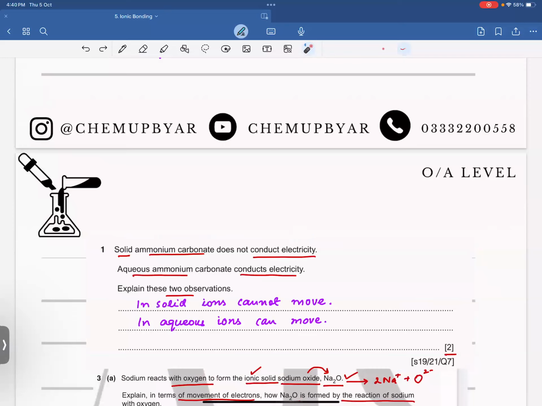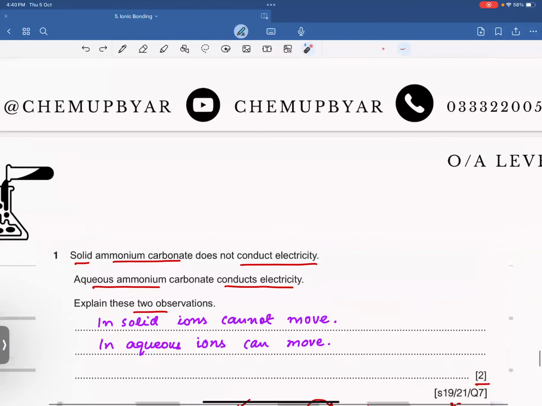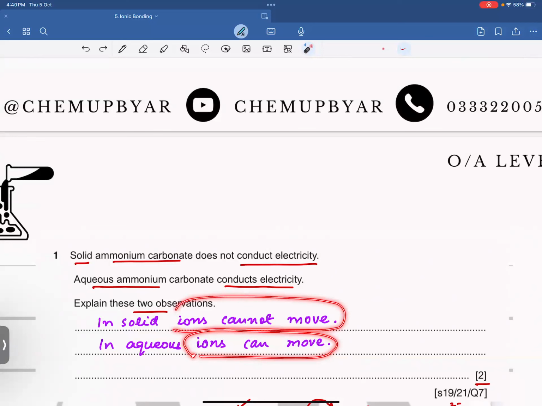It's for 2 marks. So for 1 mark, you will write this statement, and for the second mark, you will write the other statement. Is this understandable? Yes. Sir, will we not write the reason here? This is the reason: in aqueous the ions can move. That's why it is conducting electricity in aqueous. And in solid, it is not conducting electricity because ions are fixed in the lattice, they do not move. So that is the reason. Is this clear? Yes, sir.